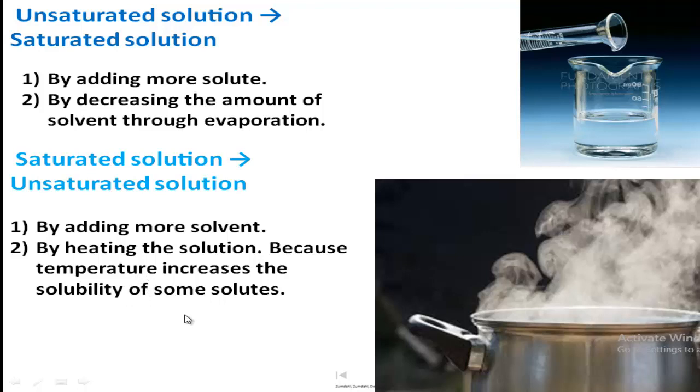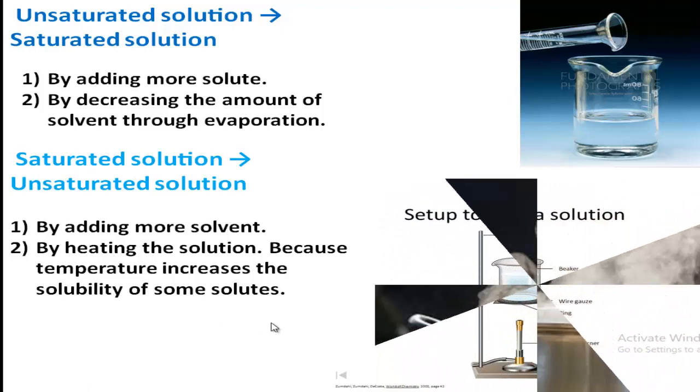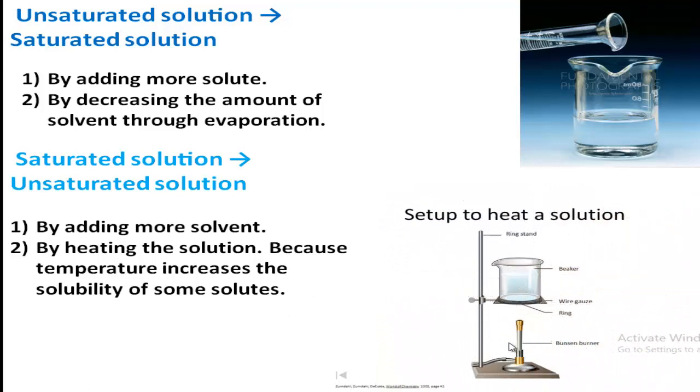So follow this picture. We heat the solution this way. We just heat it lightly, not for a long time or raising the temperature by a large amount. With just a small amount of heat, the undissolved solid particles are converted into liquid and get dissolved.